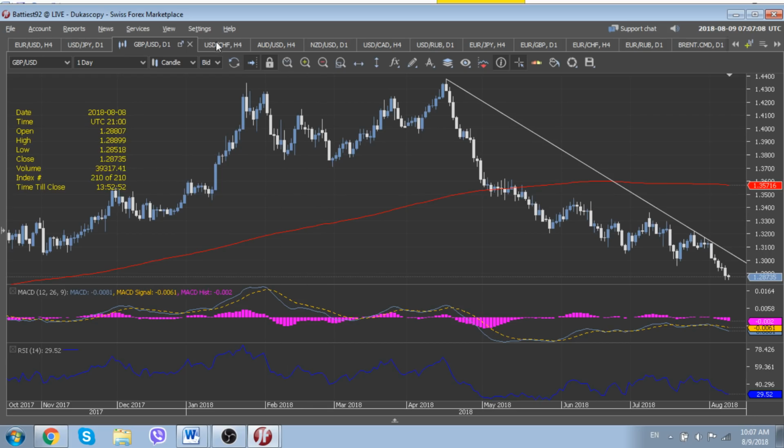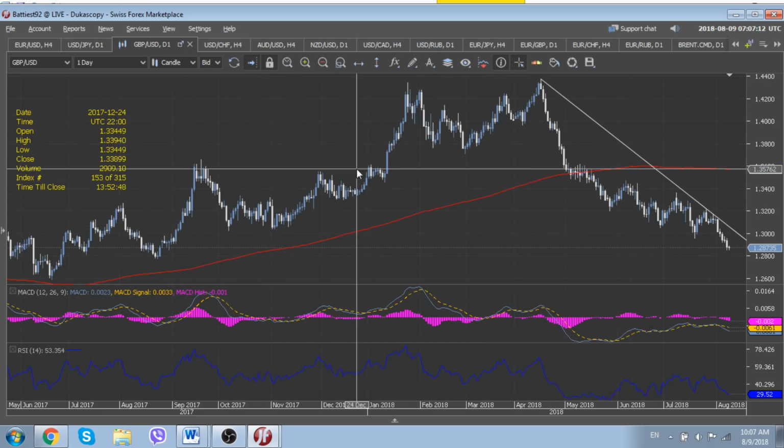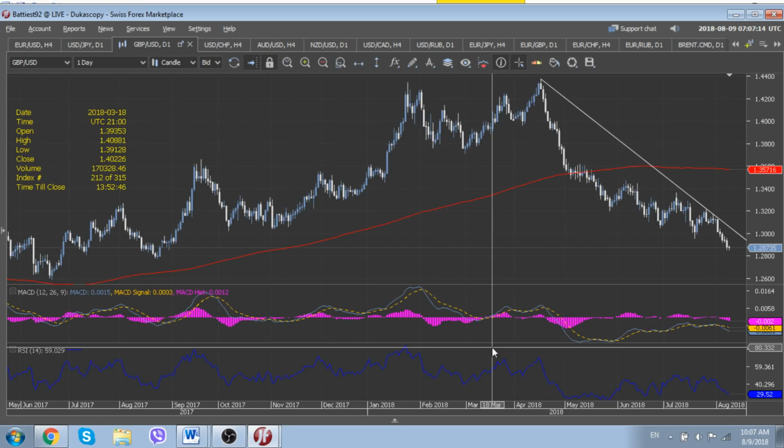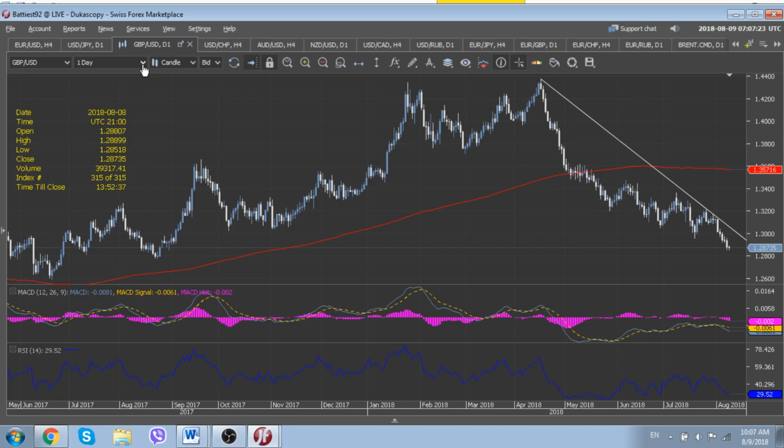From that point of view, till that time, probably depending of course on the situation, the cable should remain under selling pressure. Anyway, we'd like to emphasize one factor, that during its course to the downside, the next barrier to watch is located around the important barrier 128.